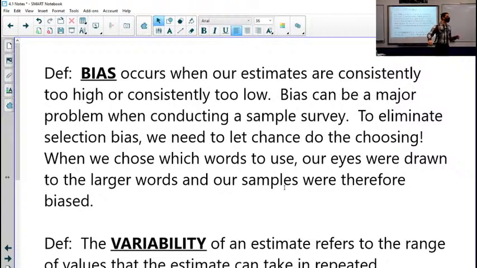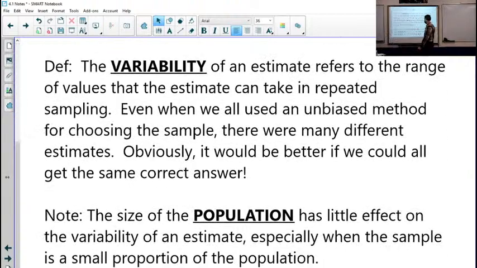But don't confuse that with the idea of variability. Variability says that the range of values when we take repeated sampling can vary. This is natural in sampling. When I asked each of you to pick a different line on the random table, you each got a different average than I got when I picked line 101.